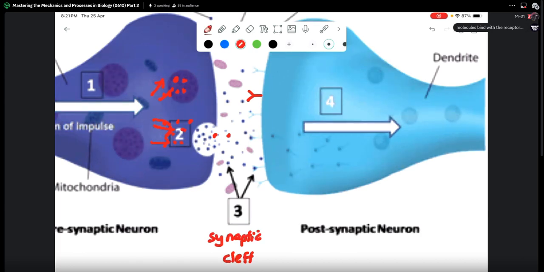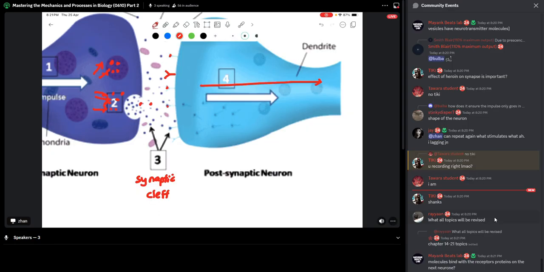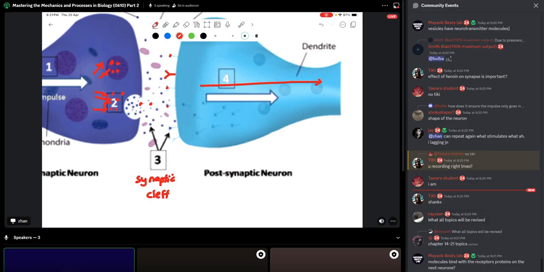Once they bind here, the next impulse is created, and it will go on to the next synapse again. All right, that's it for this part. I explained it once already.